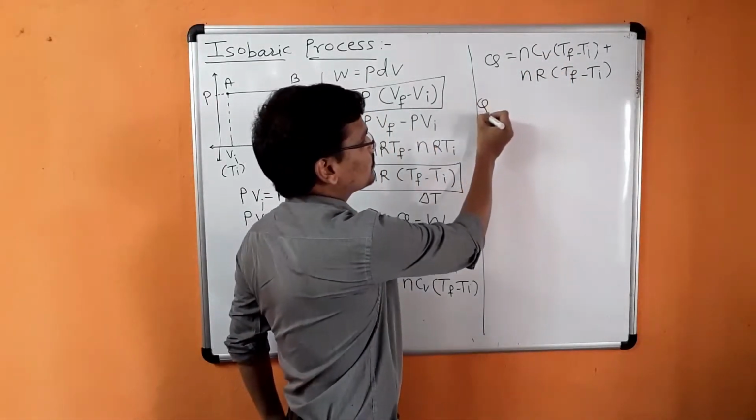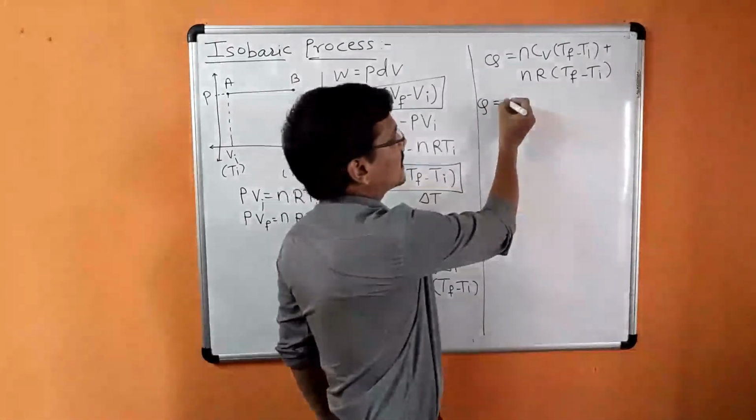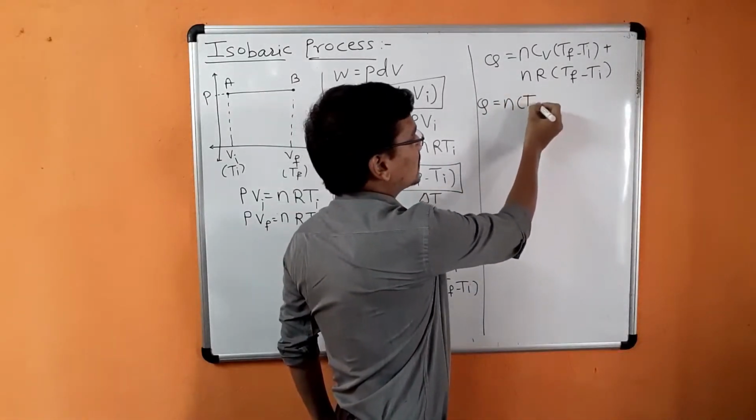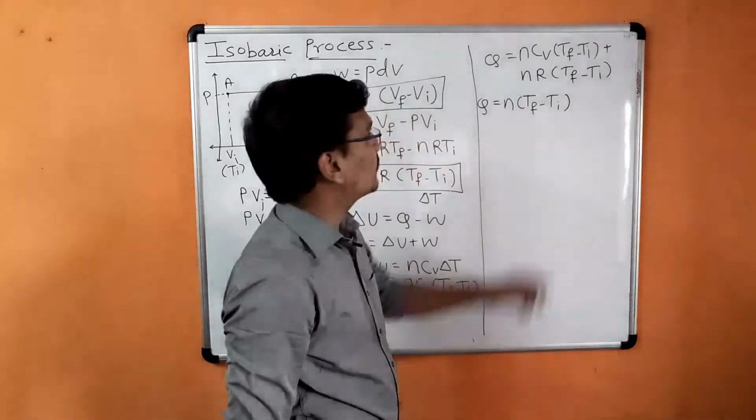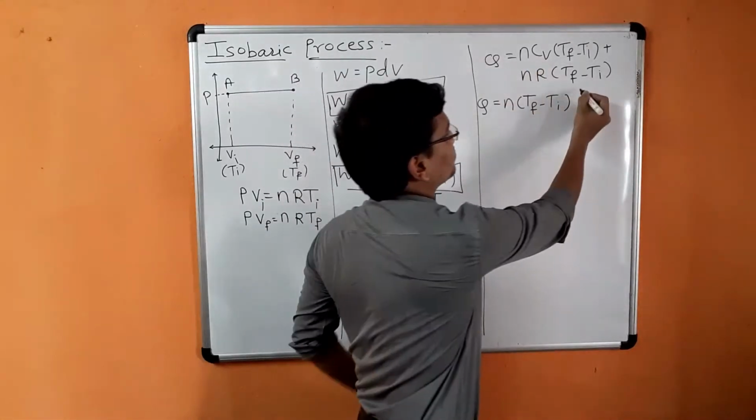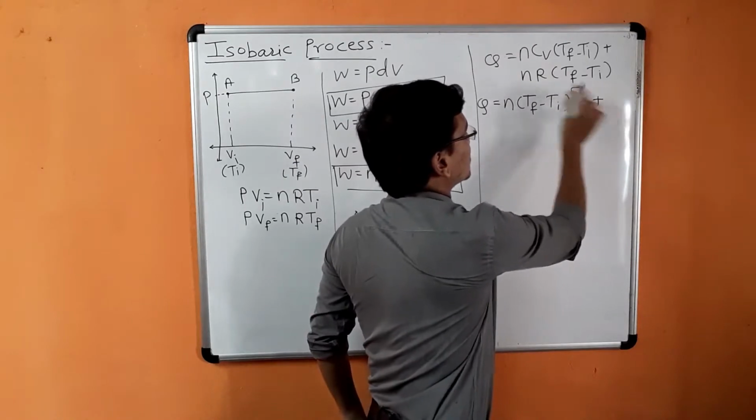Therefore, Q equals n(Tf minus Ti) times what is remaining, Cv plus R.